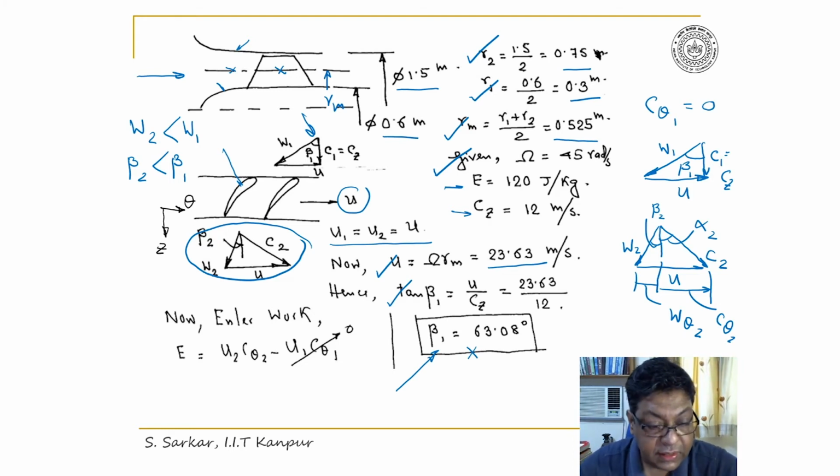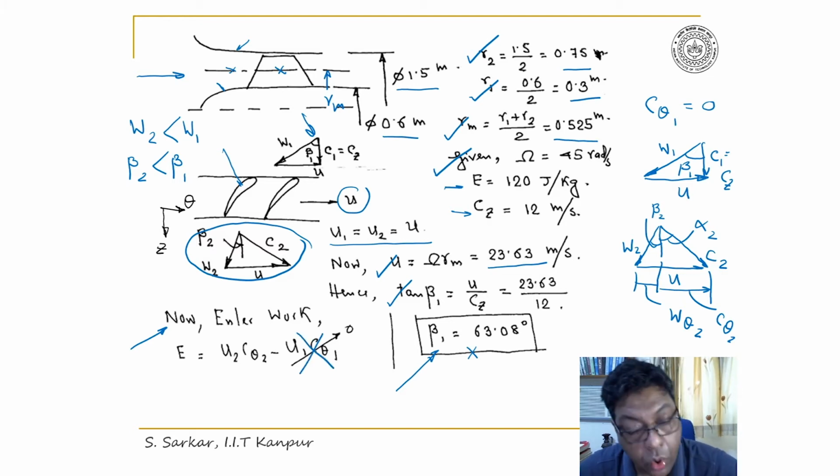After calculating beta 1, I'll have to calculate beta 2. Thus, let me project all our work. E is equal to U2 into C theta 2 minus U1 into C theta 1. However, as C theta 1 is equal to 0, this component will go. Therefore, here the Euler work E is equal to U2 into C theta 2.